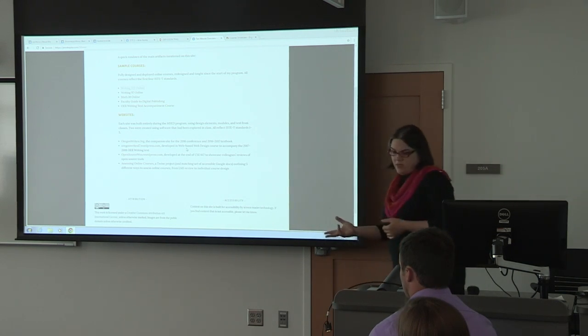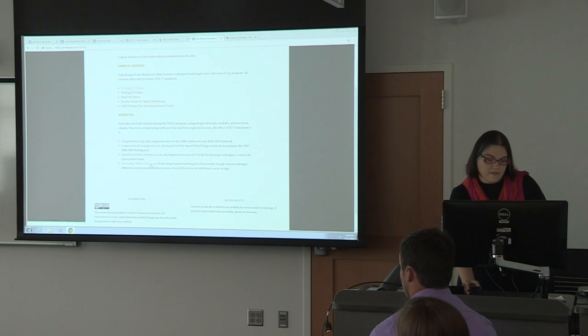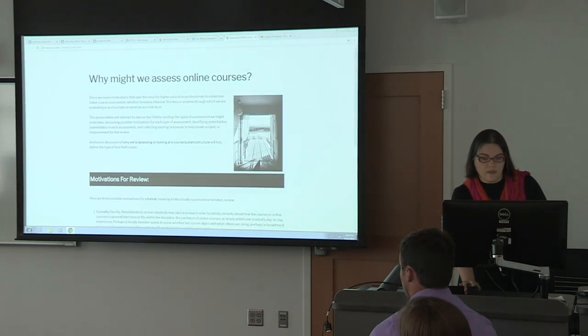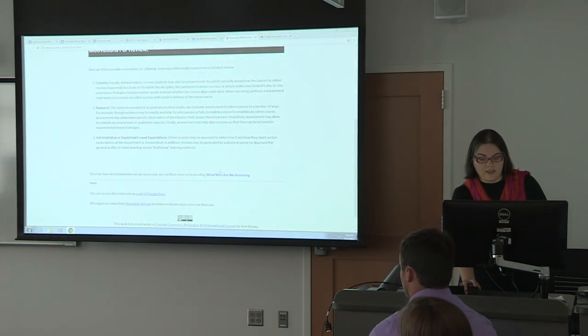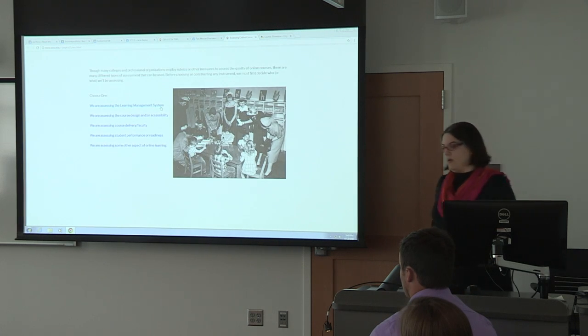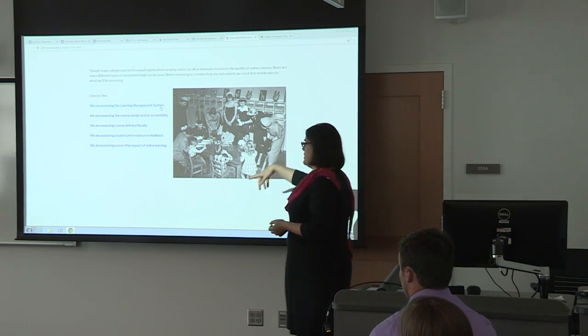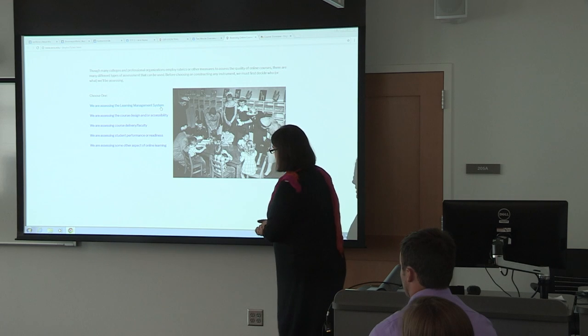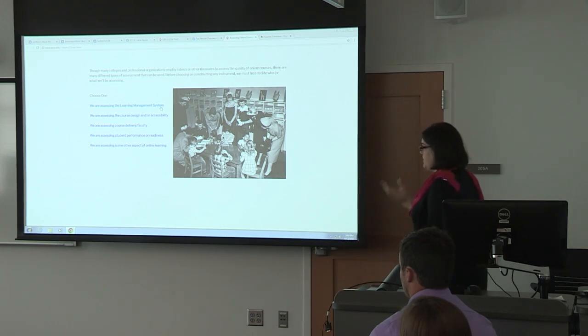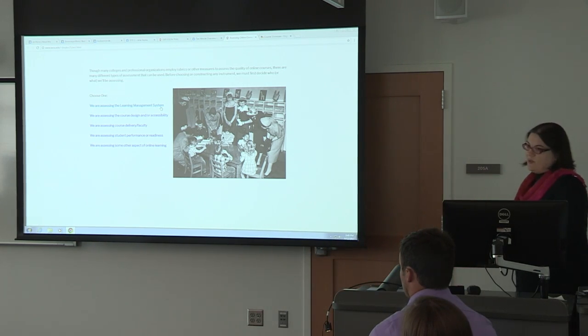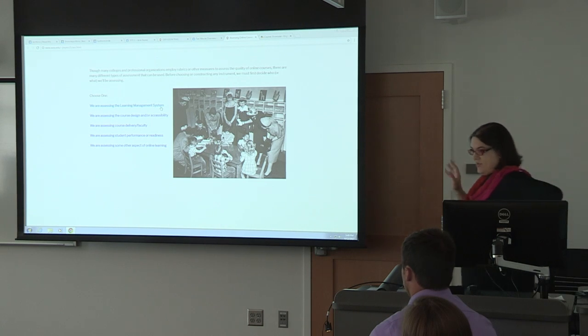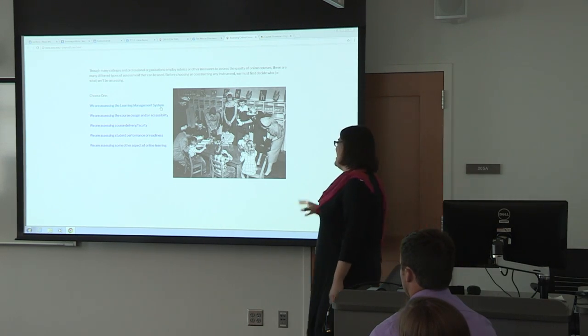And then I created a Twine project that talks about assessing online classes, all the different ways that you might assess an online class or system. And then I took pictures that seemed relevant to me, but I've learned they don't work as well for everyone else.